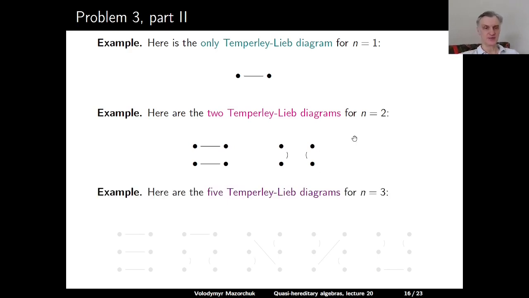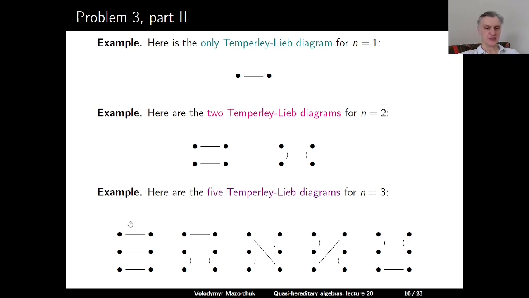We have two diagrams. Here are the 5 temporal Lieb diagrams for n equal to 3. Again, each diagram has 3 points on the left, 3 points on the right, and then they are connected. Either they are connected from left to right on the first diagram, or the top one is connected from left to right, and then two others are connected on the sides.